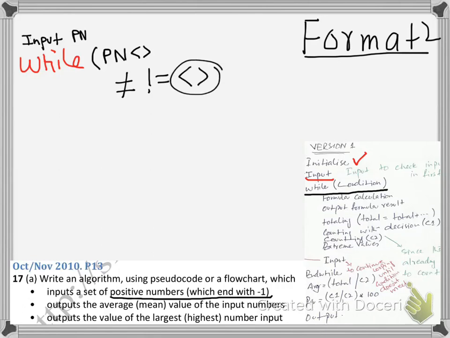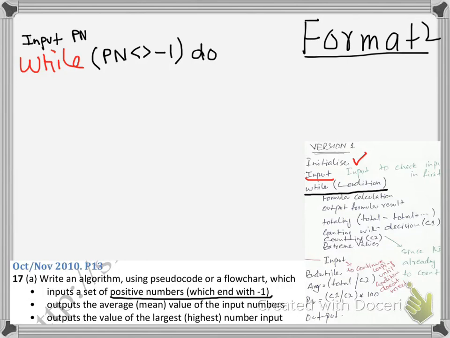So this is a standard case. Okay, we will use this case here. While Pn is not equal to -1. So again this do is optional. If it is there, this is no error. If it is not there, again there is no problem with it.